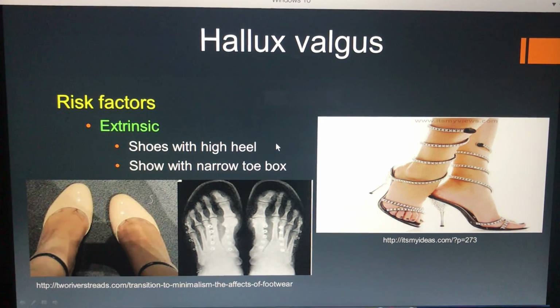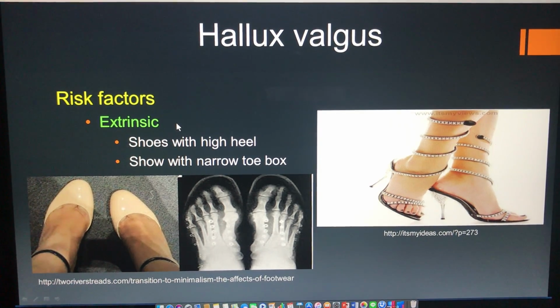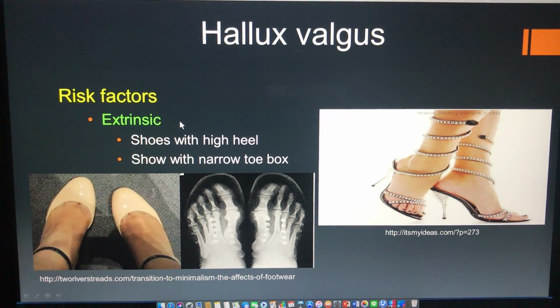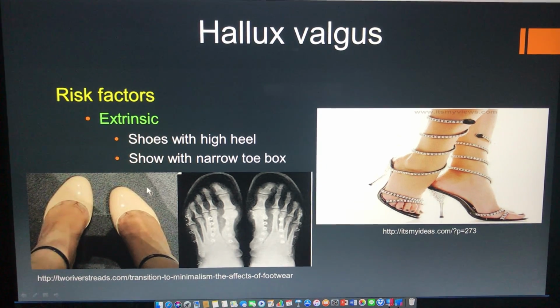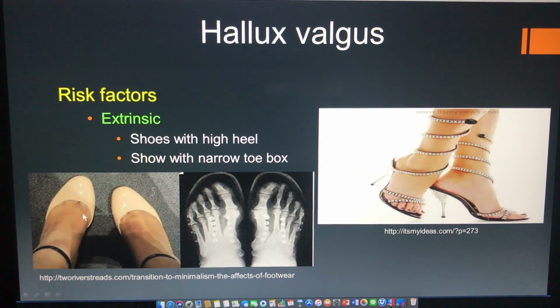Other things can occur and develop later on, which we call extrinsic factors. The common thing that we have seen is the high heel and narrow toe box shoe. You can see the picture on the left hand side.